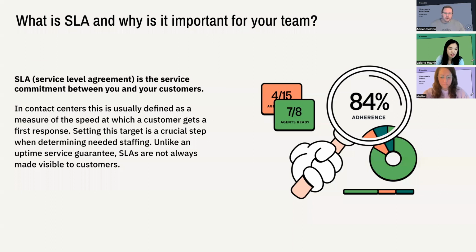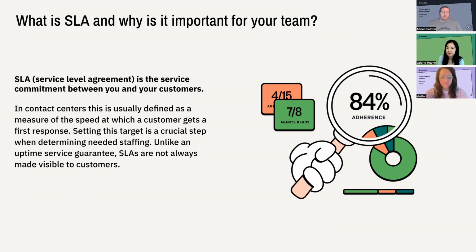And that's a very important distinction: you can have SLAs set on different metrics, but at least the one that we are discussing, and the one that is used most often, is the first response. So that's when the customer calls in. That first response is right as it gets past the IVR, the person picks up and says hello, thank you for calling. On chats, that could be when a chat is connected, but you also need to understand it's when the first message usually gets sent, not just the connection.